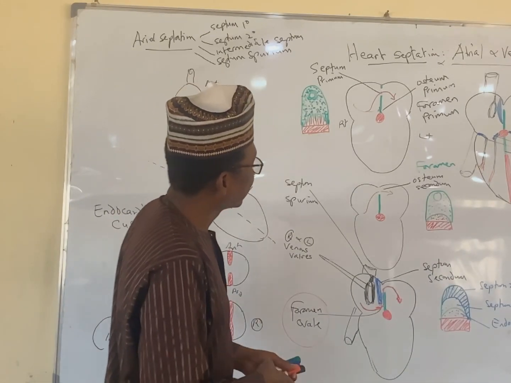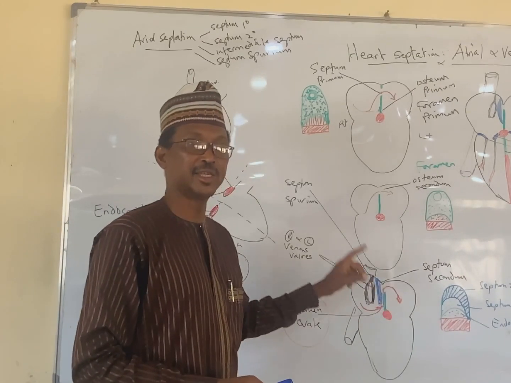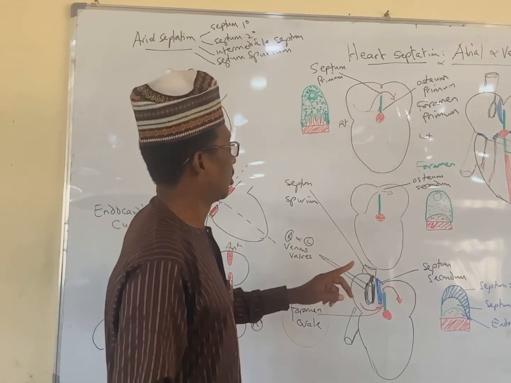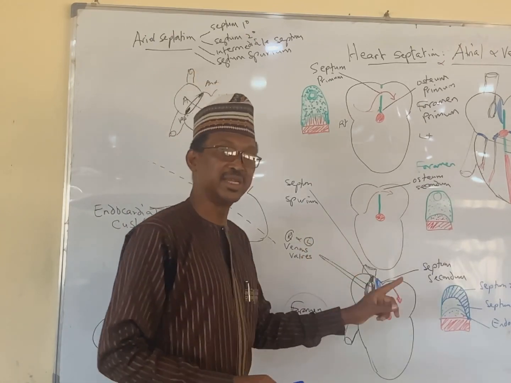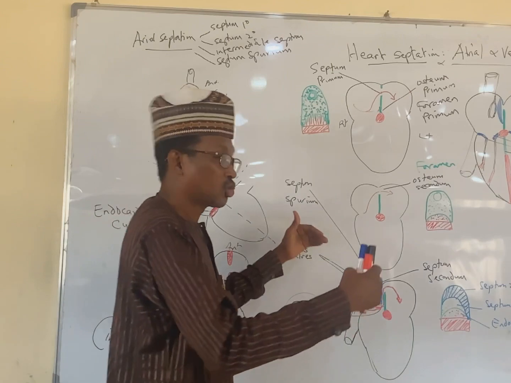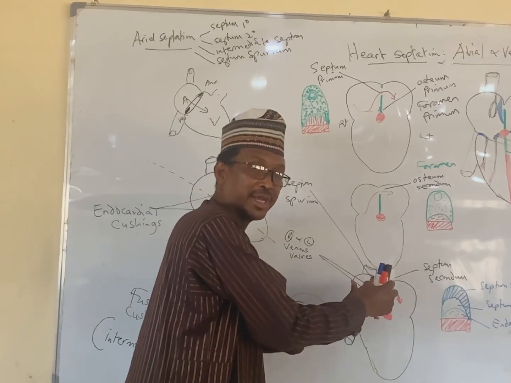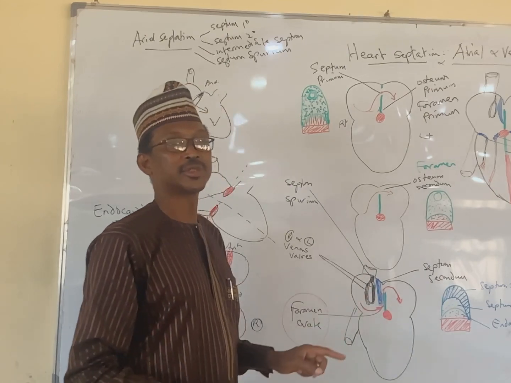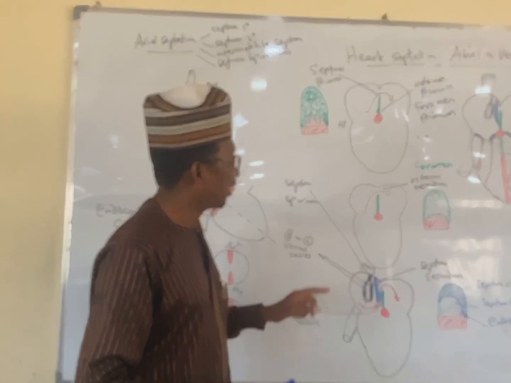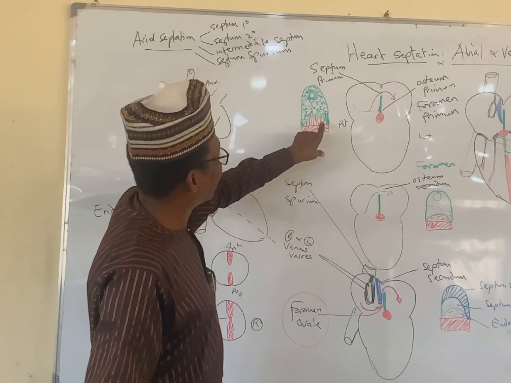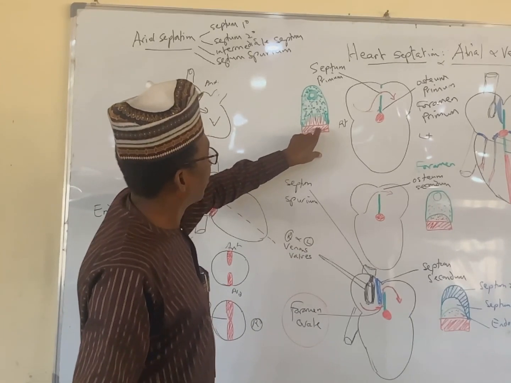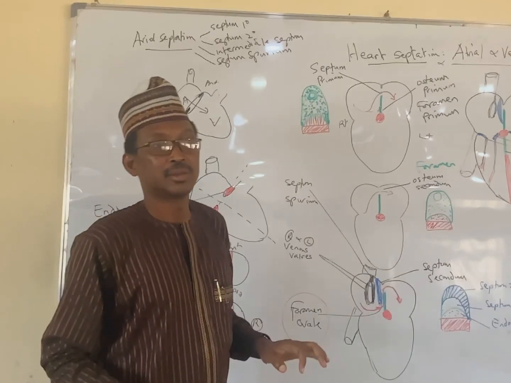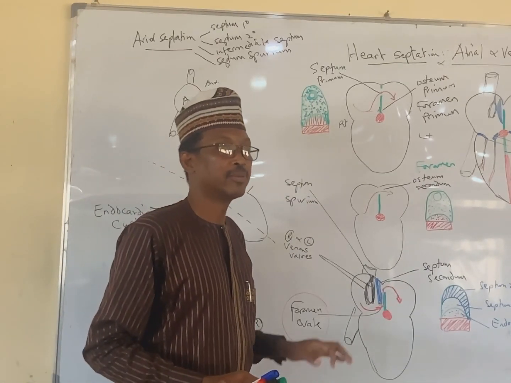Now we've seen that there are two septae, singular septum, plural septae. You get it? Two septae form to divide the common atrium: septum primum in green, septum secundum in blue. And if you can remember, there is an addition coming from the intermediate septum to close this ostium primum.